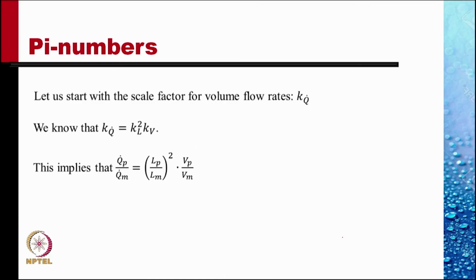Why? The volume flow rate through a pipe, for example, is equal to the velocity through the pipe multiplied by the cross-sectional area of the pipe. So the scale factor for volume flow rate would be the scale factor for area of the pipe times the scale factor for velocity, KL squared times KV.